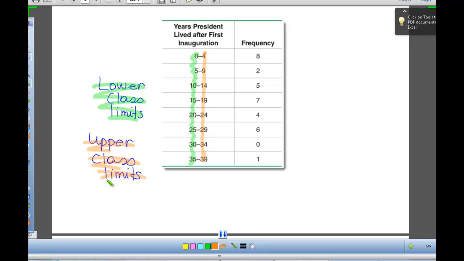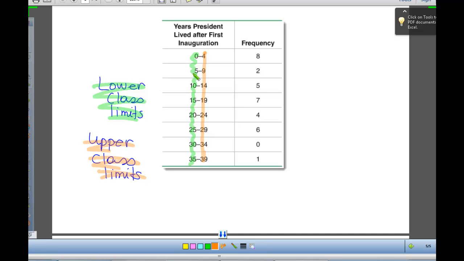Then we have class boundaries. Now this one might be a little tricky. Notice that there's actually a gap between this upper class limit and the next lower class limit. There are numbers between 4 and 5.